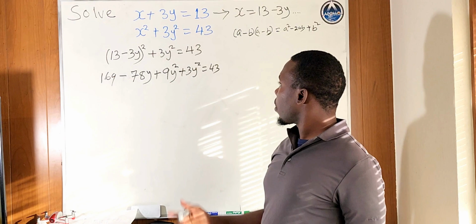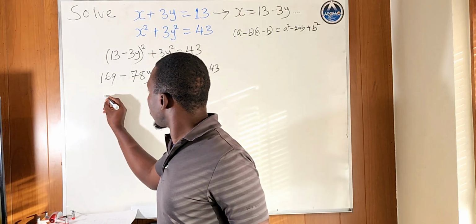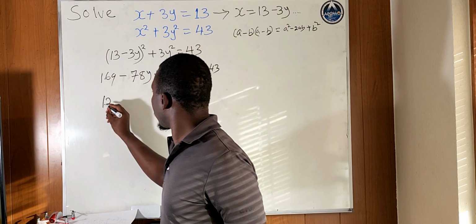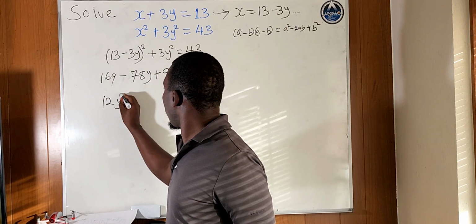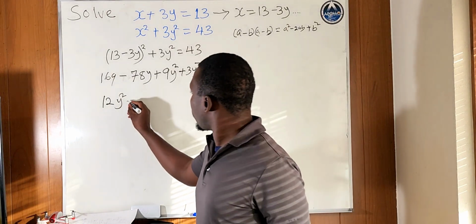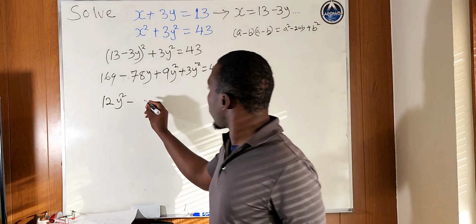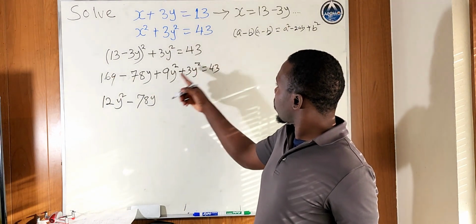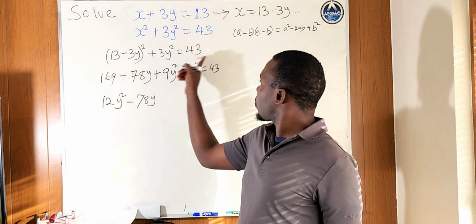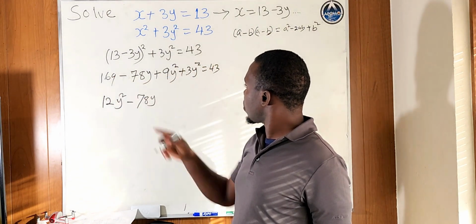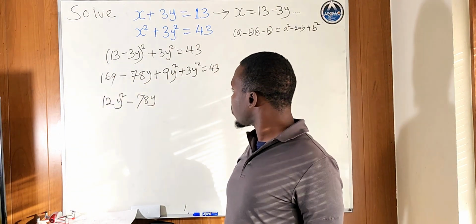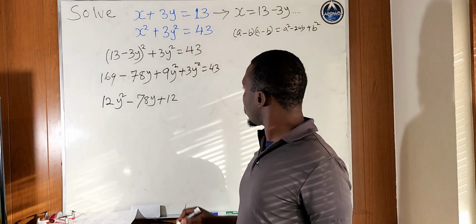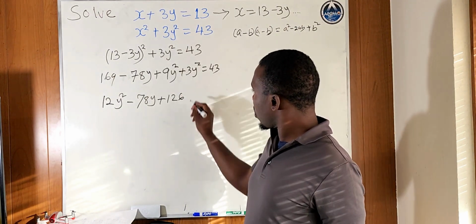We make a quadratic expression, where 9 plus 3 gives 12y squared, minus 78y. Then bring 43 to that side, and subtracting, we get plus 126 equals 0.